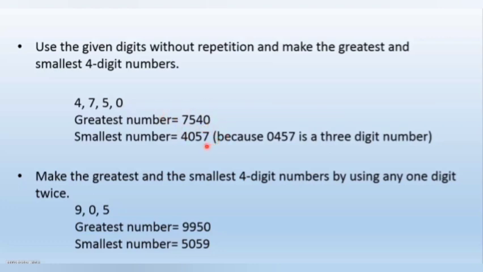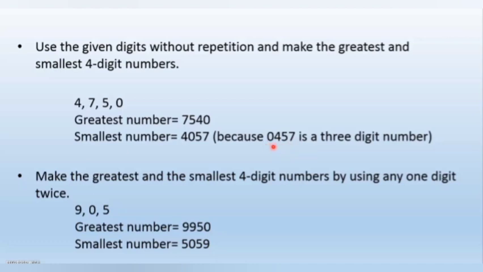Now let's see the smallest number. If you compare these numbers, you can say that 0 is the least number. So if we put 0 over here, then what number are we going to get? We are going to get this number, 0, 4, 5, 7, writing it in ascending order. So is this a 4-digit number? No, this is a 3-digit number.